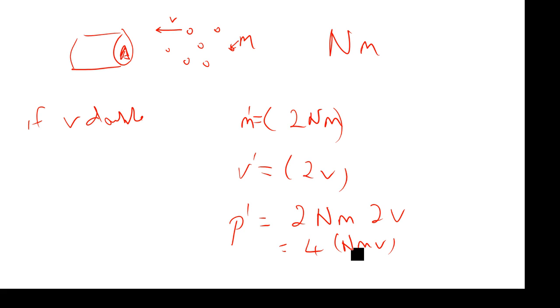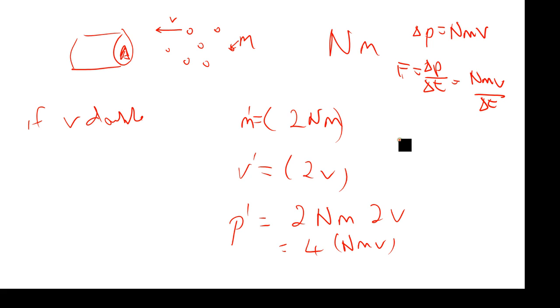So we must make some assumptions that when the air molecules hit you, either they lose all their momentum or half their momentum, whatever, but it will still be the same. Assuming they lose all their momentum, the initial momentum loss is nmv, which means the force is change in momentum over change in time, equals nmv over change in time, whatever that value is.